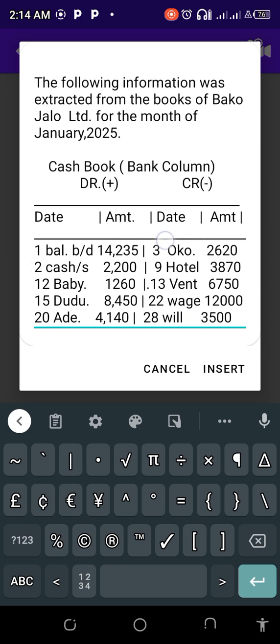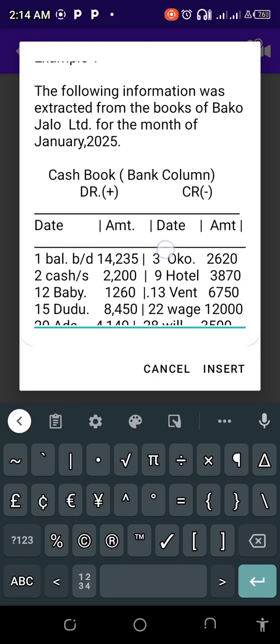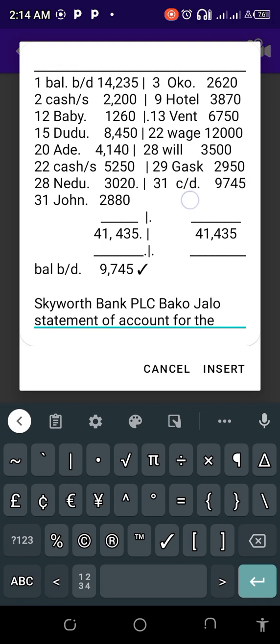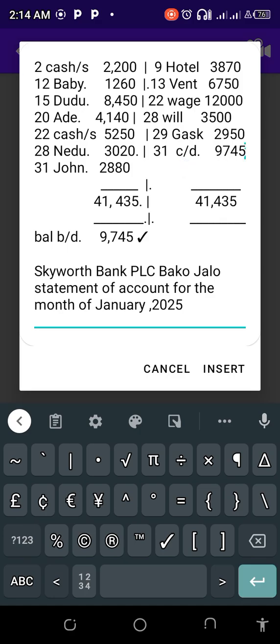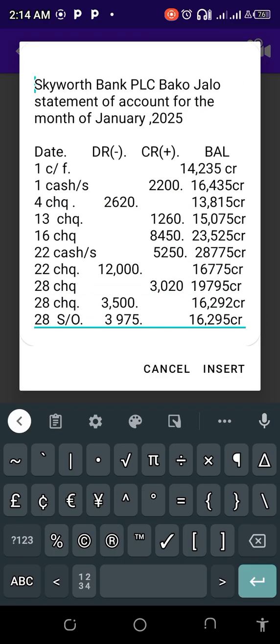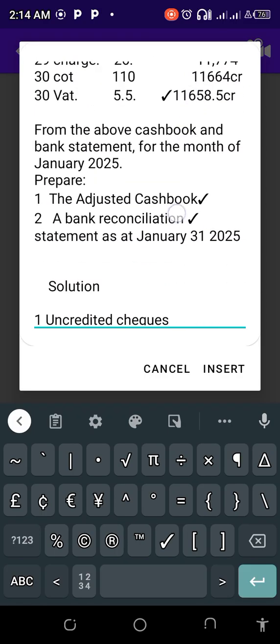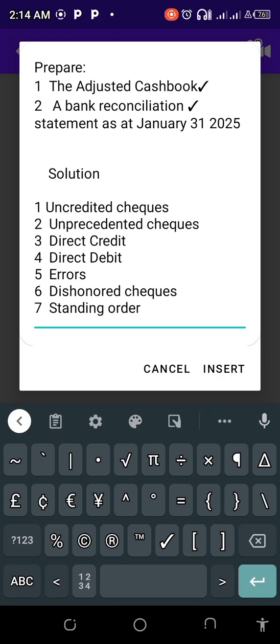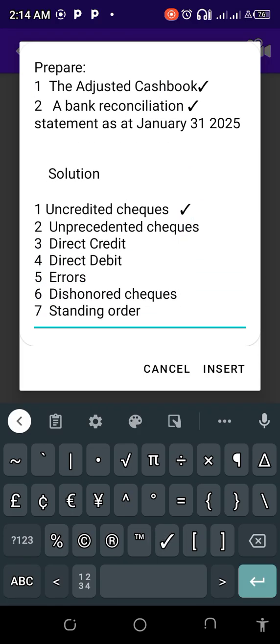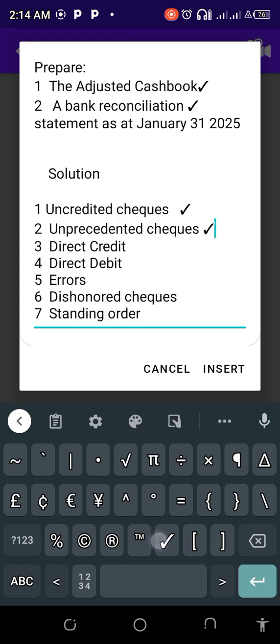Now, the balance of the cash book did not agree with the balance of the bank statement. Some of the reasons that could cause this disagreement are: 1. Uncredited checks can cause this disagreement. Number 2 is unpresented checks.